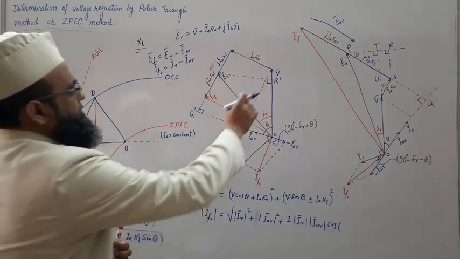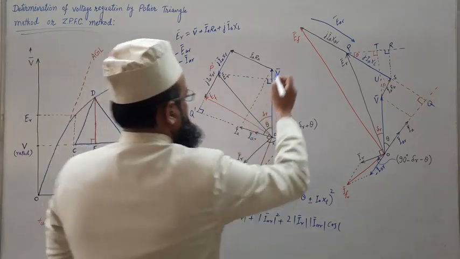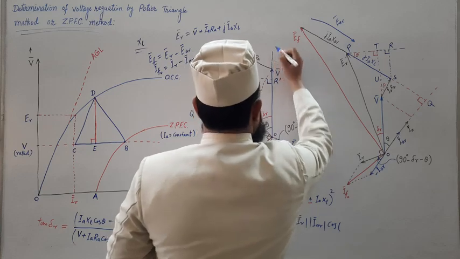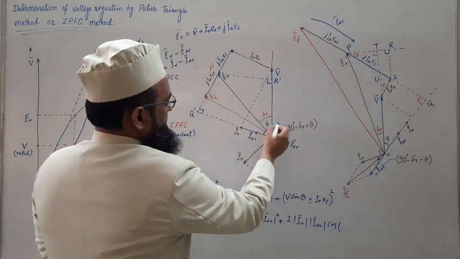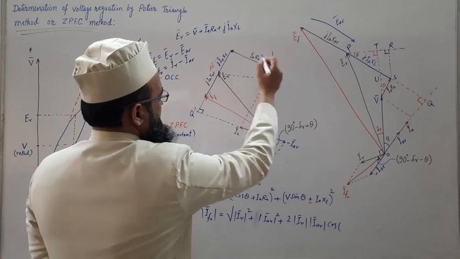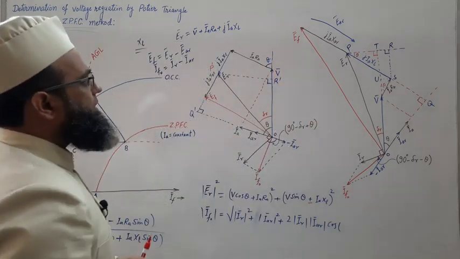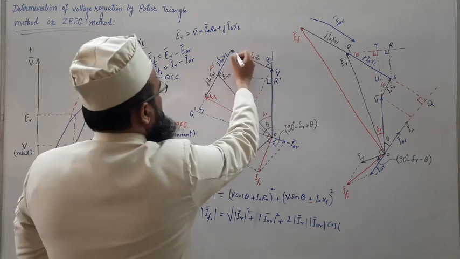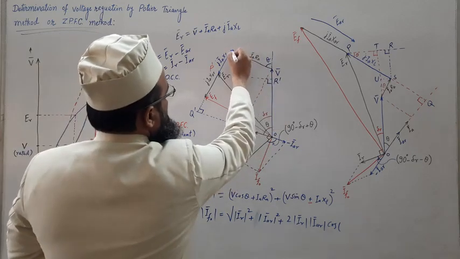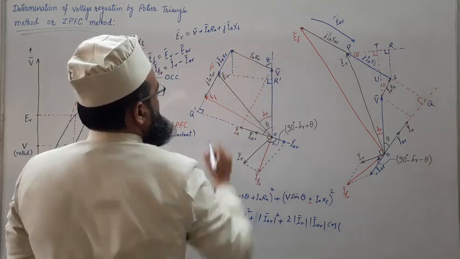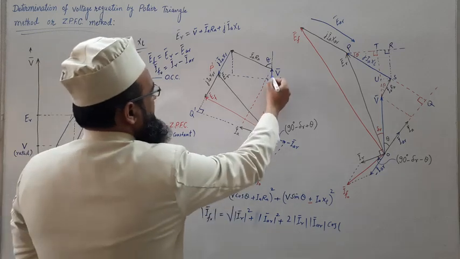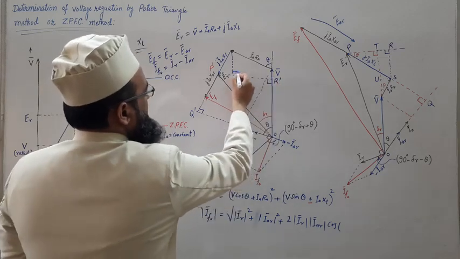So for writing P dash R dash, if this is theta, this is theta, and this is IA, and this is IRA line, then this will be theta. Fine. Draw one line perpendicular to this. This is 90, this is 90, so this will also be 90.